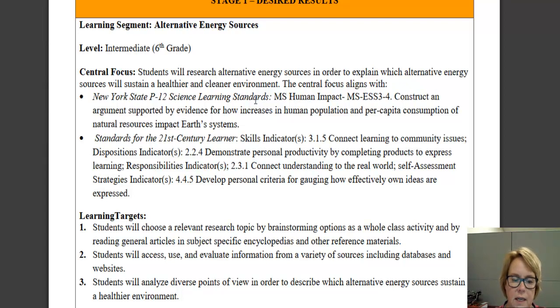My New York State Science Standard, my 21st Century library standards, and then my 3 learning targets. Okay, so students will be able to 1, 2, and 3. And each one of these learning targets are essentially a lesson.